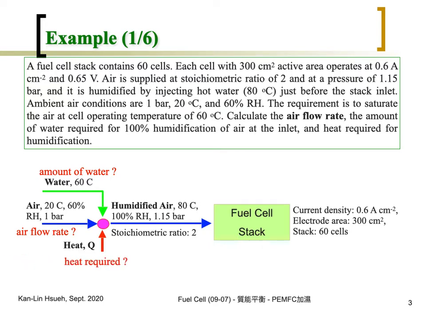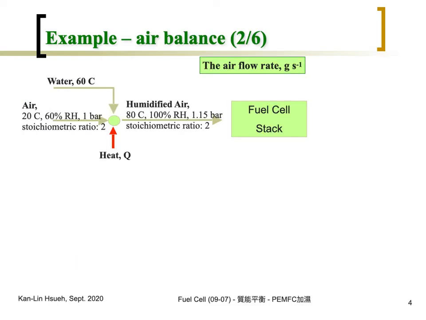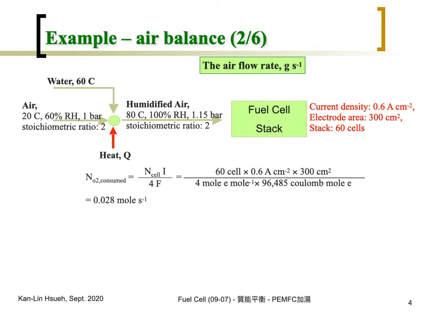First, we calculate the air flow rate. In this example, we know the current from the Faraday law, the current density, the electrode area and the cell stack. We're able to calculate the molar flow rate of oxygen required. The molar flow rate of oxygen required is N cell times I divided by 4F.